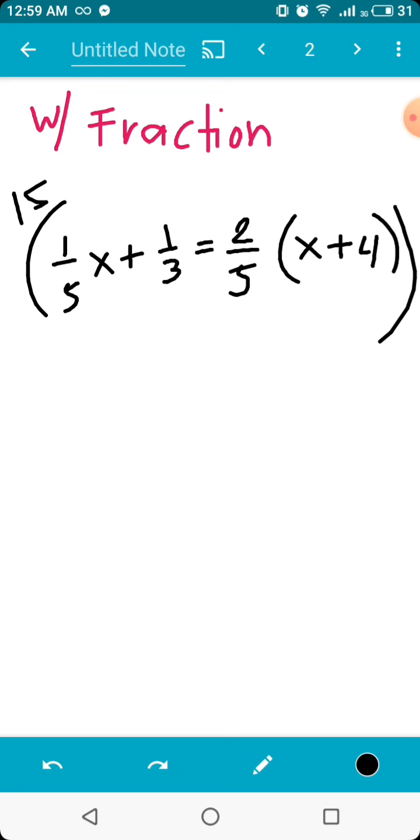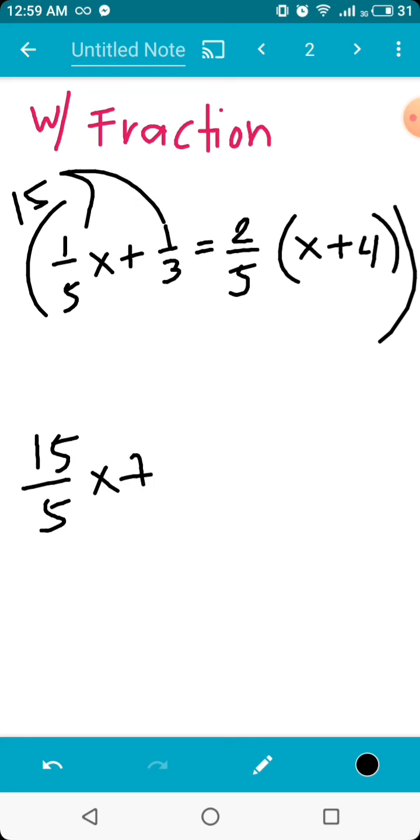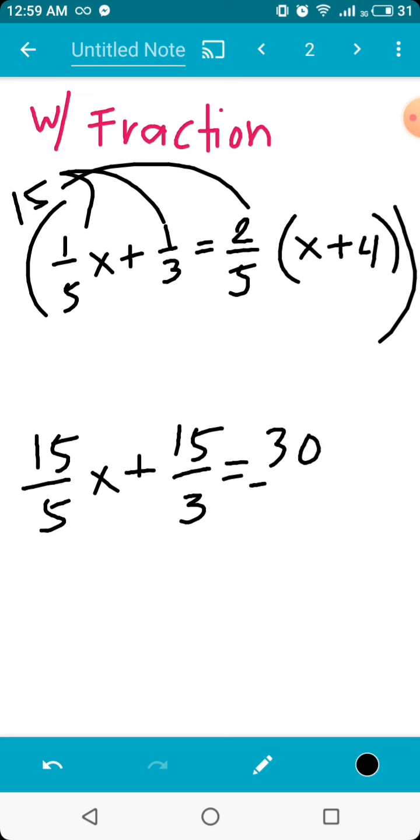So, ang mangyayari, 15 times 1/5. So, we have still 15 over 5 x. Okay? And then 15 times 1/3. So, we still have positive 15 over 3, equals 15 times 2/5, that is 30 over 5. And then, as is lang tong x plus 4.